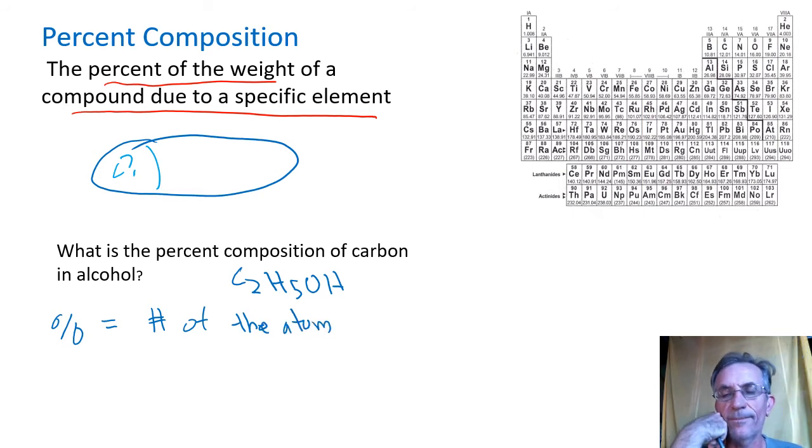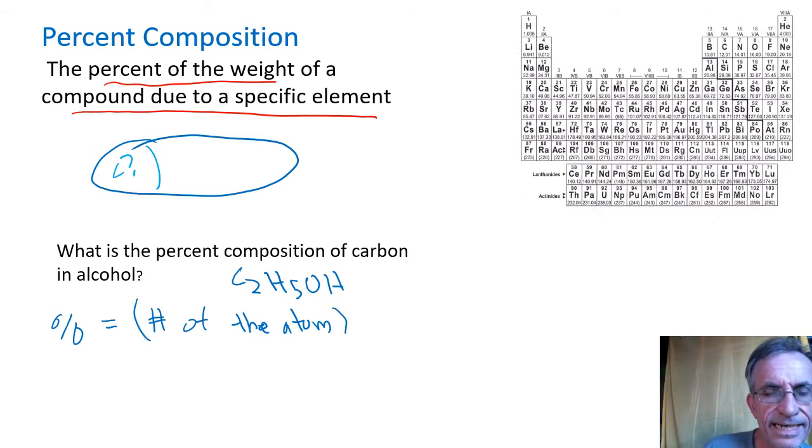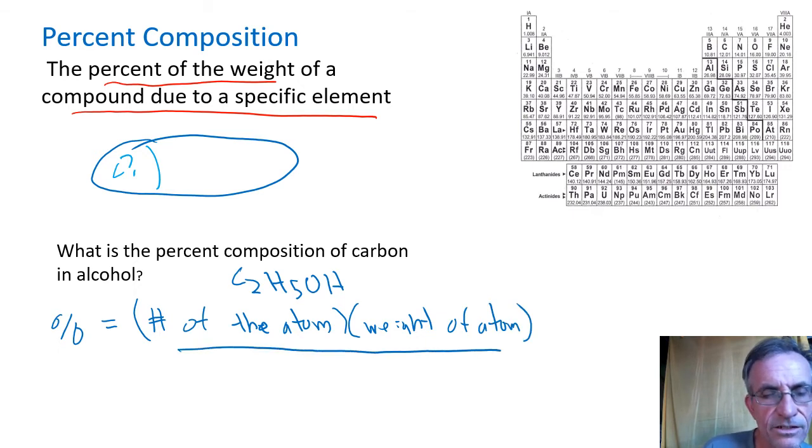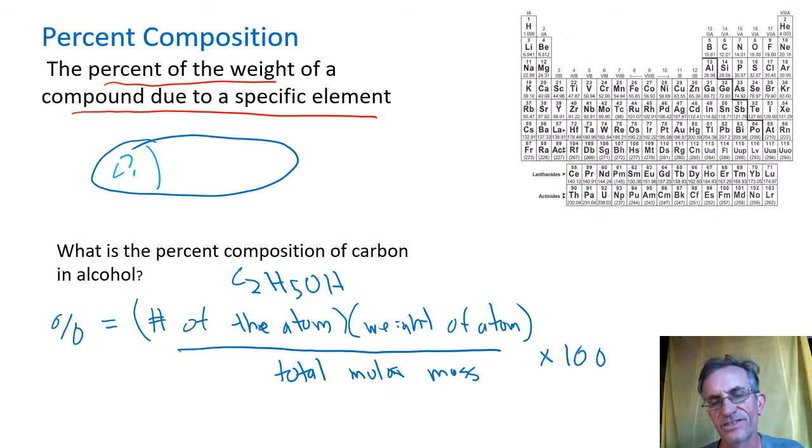If we're dealing with carbon, it would be the number of carbon atoms, which in that formula is C2, so that would be 2, times the weight of that atom, divided by the total weight. The total molar mass. Now the only other thing you have to do is multiply it times 100 to make it a percent.